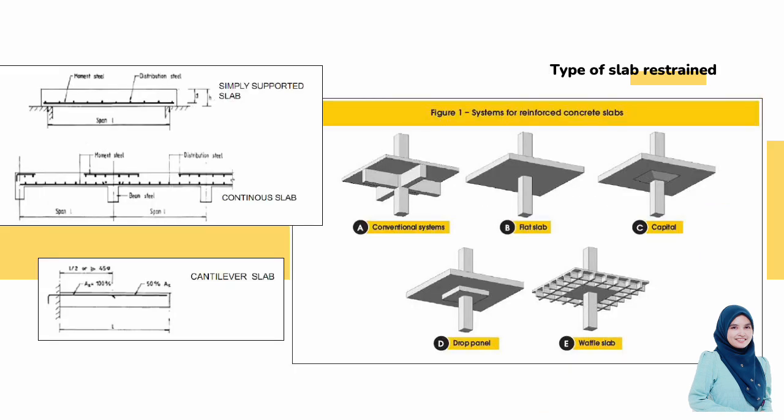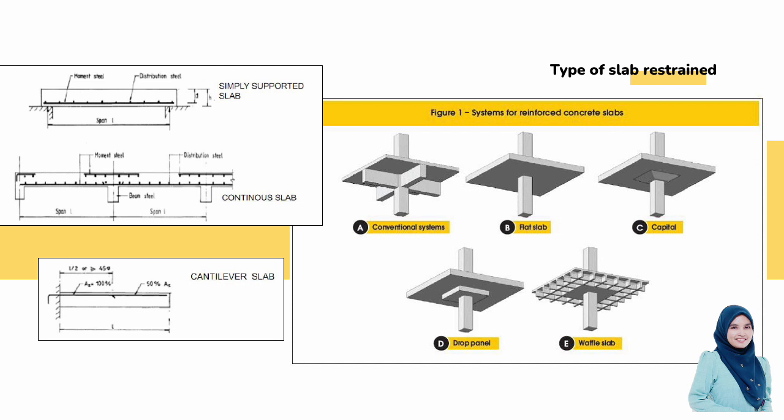This slide shows the types of system for reinforced concrete slab. So as mentioned before, there are a few types of the reinforced concrete slab, which are conventional system, flat slab, capitals, drop panel, and waffle slab.